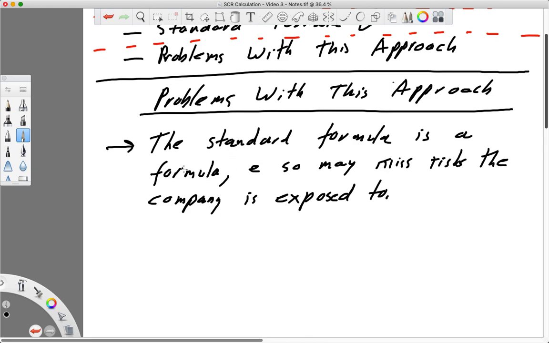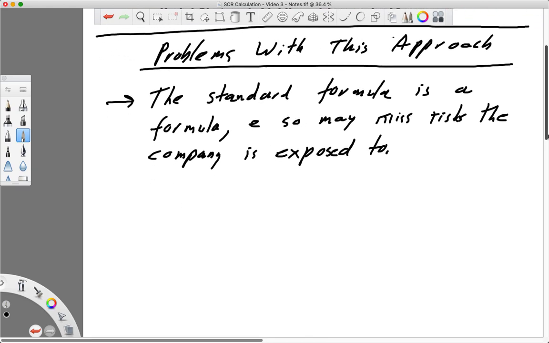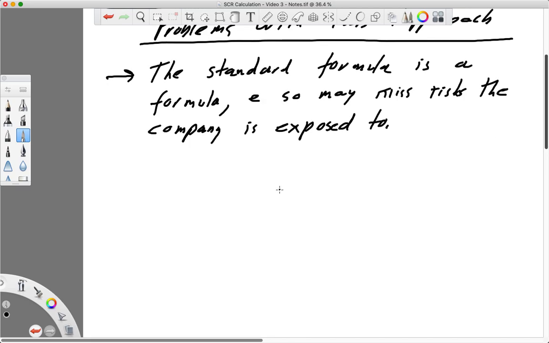Whereas if you were doing an internal model and there was a significant risk to the company, then you would capture that within the model. So that's a downside of the standard formula, that it may miss things. And also, just because you're following a set of rules, you might not think about risk as widely or in as much detail as perhaps you should, or to the extent that it's good for the company for you to do that.